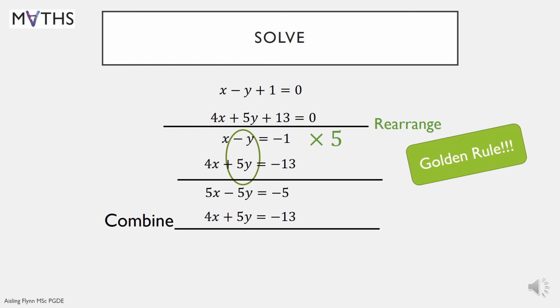We're going to combine. The y's eliminate each other. And in x's we have 9x. And in numbers, -5 minus 13 go together to make -18. Solve for your x. Divide by 9. You get x equals -2. Don't forget to solve for y.